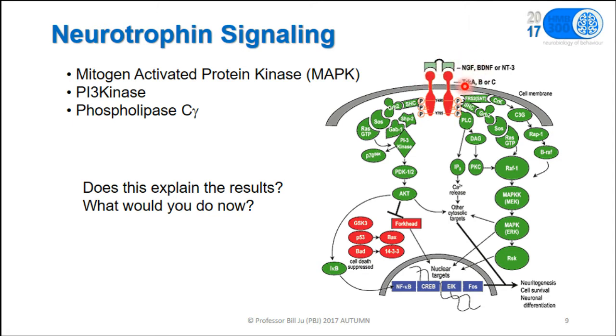So one of the key things is if a neuron were to encounter BDNF, which it really needs to have as much BDNF as possible, one of the things that would happen is BDNF will cause dimerization of the receptor. So these receptors typically involve the Trks. So the receptors are either TrkA, usually for NGF, TrkB, usually for BDNF, or TrkC, usually for NT3. So if BDNF were to bind to a TrkB receptor, the two TrkB receptors would actually dimerize, they would come together, and when they dimerize, they actually cause phosphorylation.